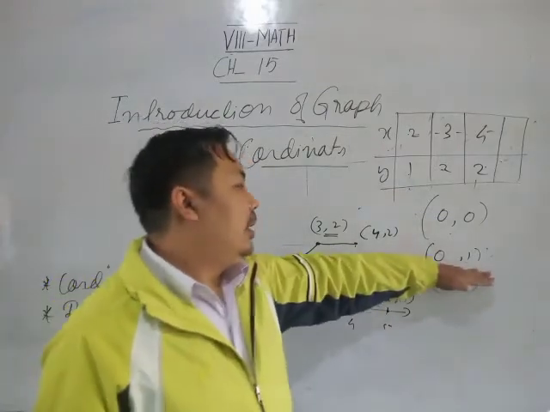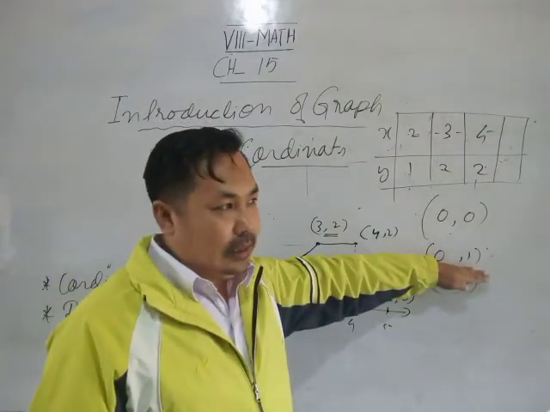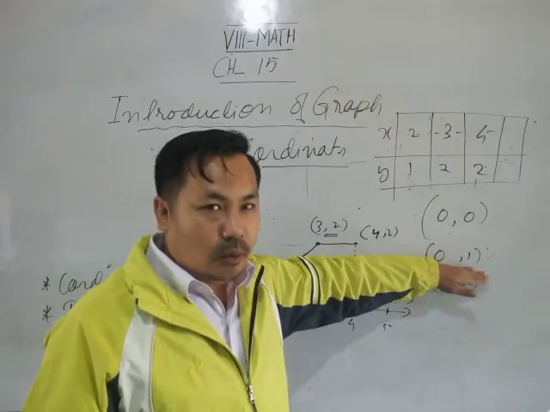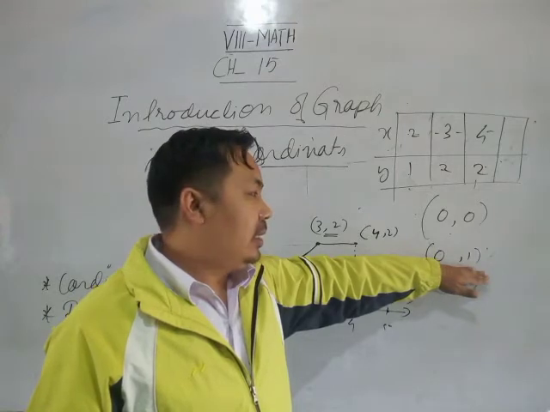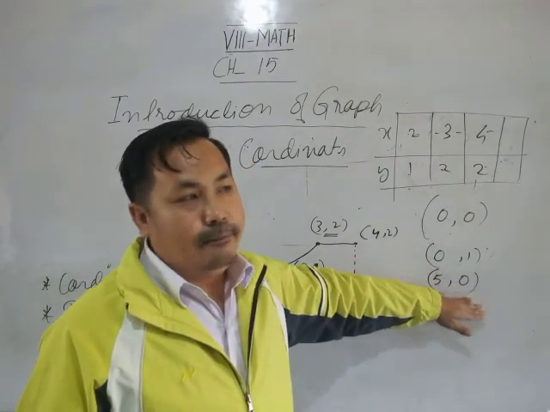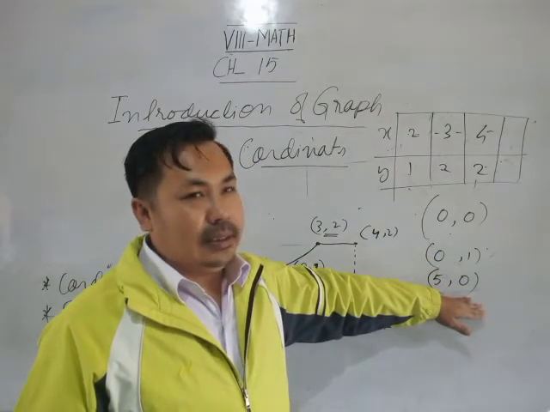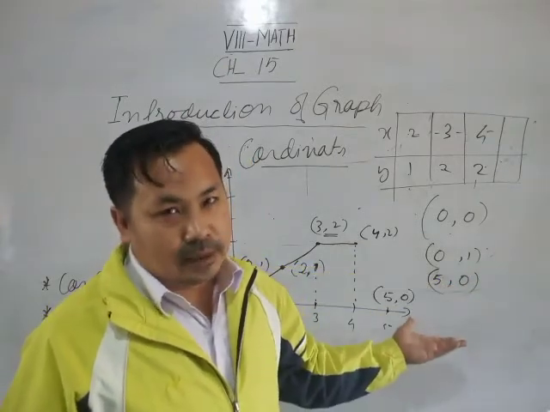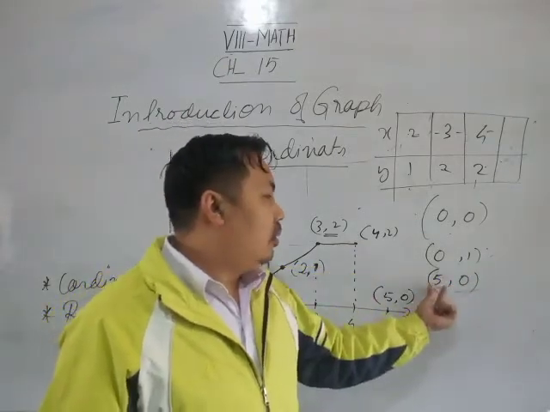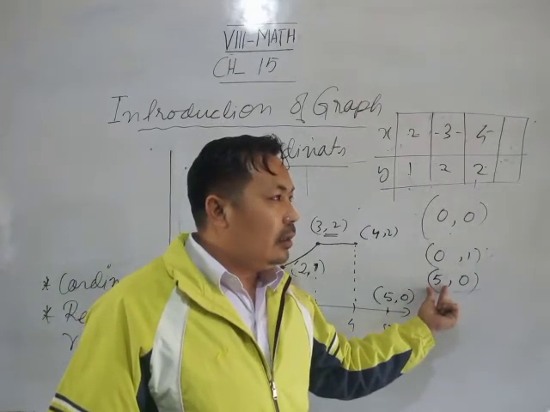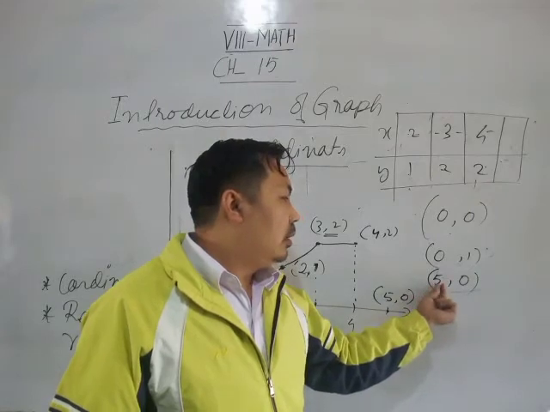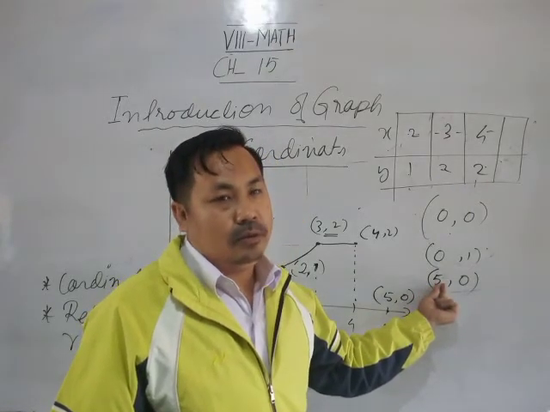Now you see, the value here is 1 for y, so it is on the y-axis. The value here is for the x-axis. The other one is 0, and 0 means none, we can just think of it that way, isn't it? So where the coordinate will fall depends on the number, not on 0.